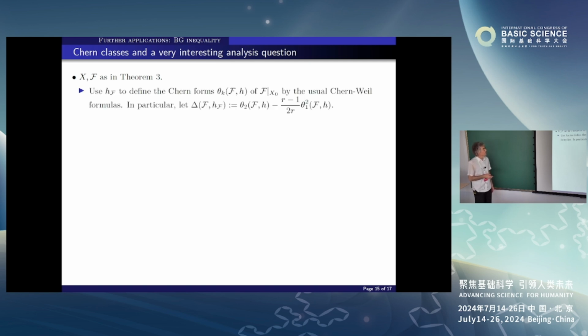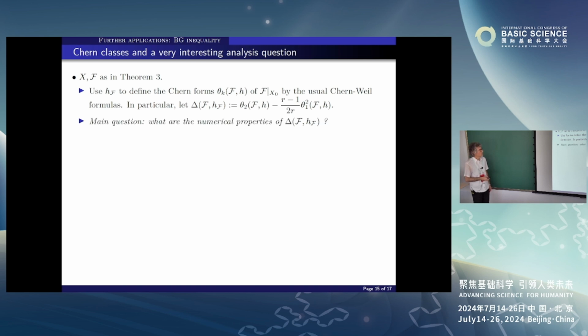And then what we can do is use this metric to define the Chern-Weil representatives for the Chern classes of F, for each k, of course only on X_0. So this would give the representative of the so-called orbifold Chern classes of F, right? Because this metric has orbifold singularities in the complement of omega, of the open subset which includes the bad singularities.